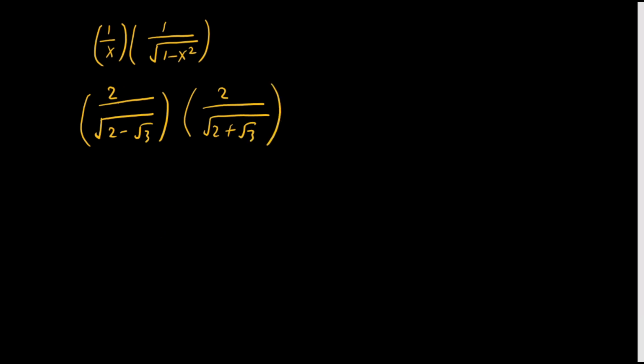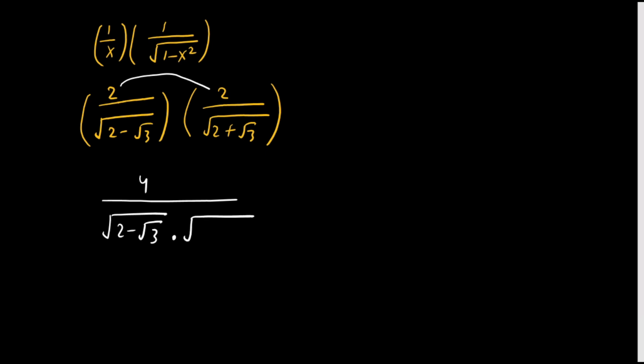Now 2 multiplied by this 2 gives 4, and in the denominator square root of 2 minus square root of 3 is multiplied by square root of 2 plus square root of 3.